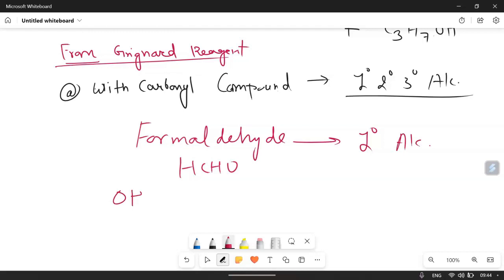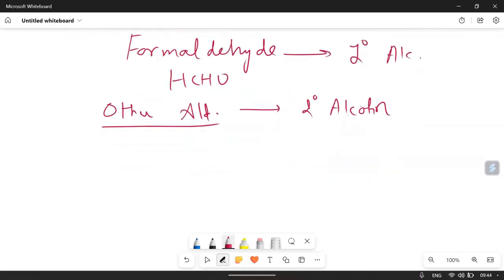Other aldehydes like ethanal, propanal will give 2 degree alcohol. And ketones will give 3 degree alcohols.